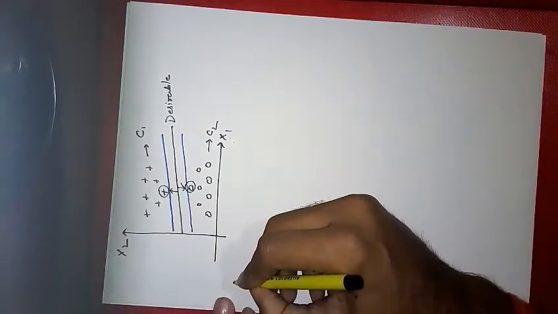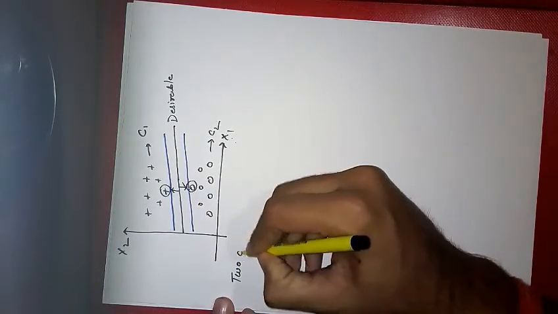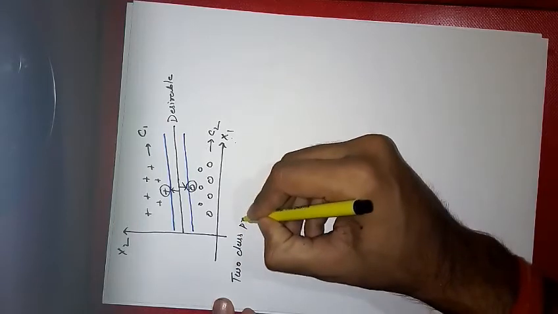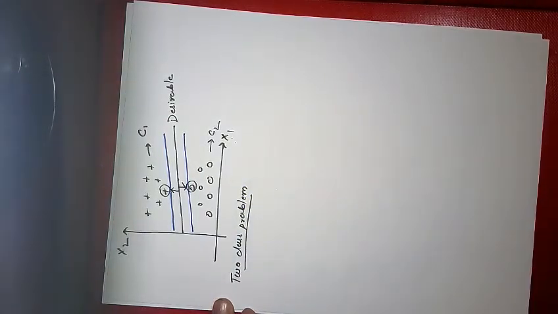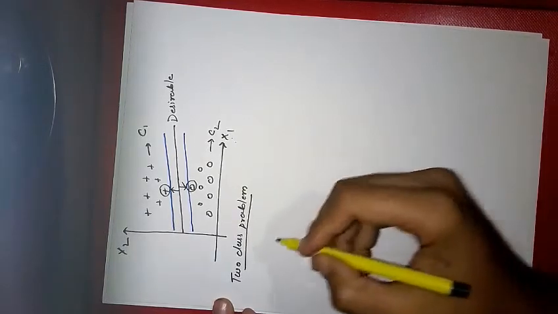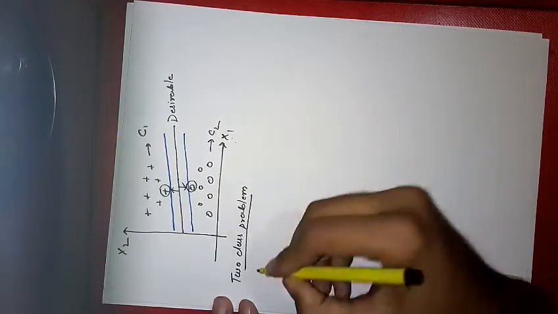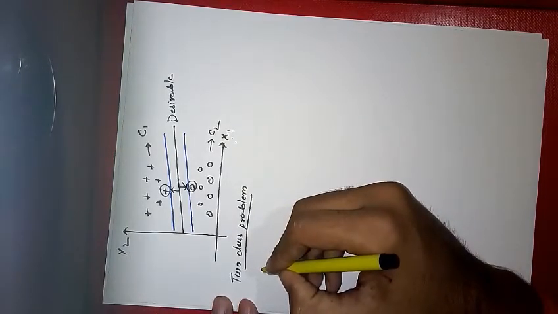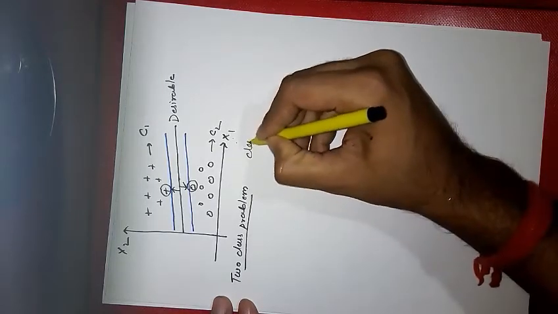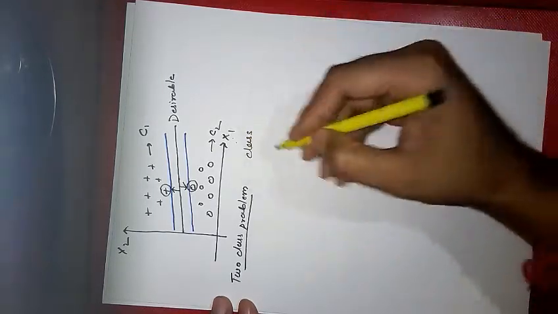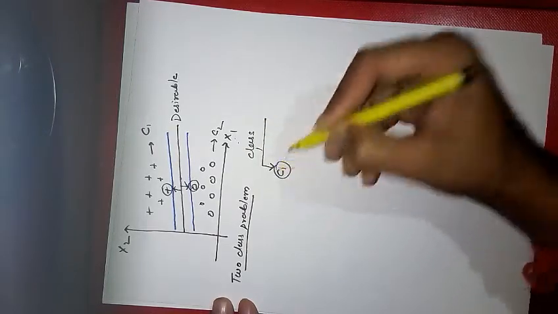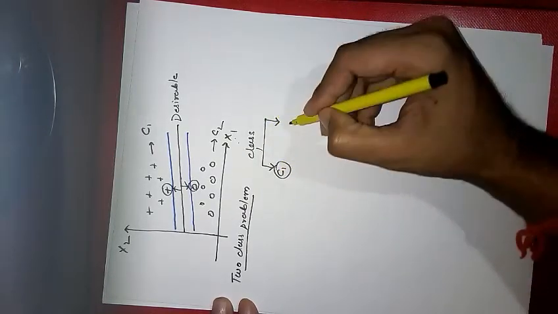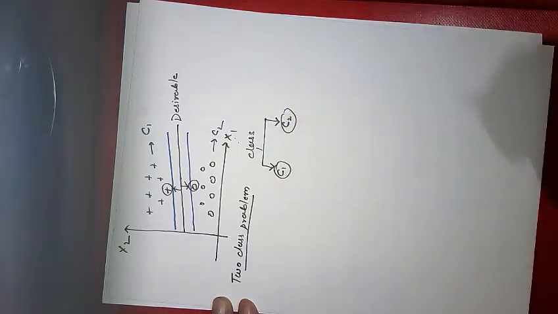For the two-class problem, we have to separate two classes. The first one is C1 and the second one is C2.